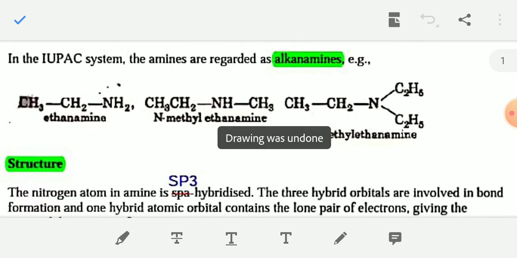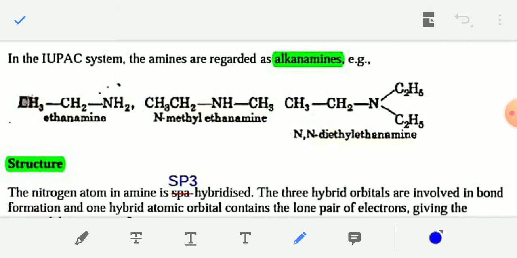Now nomenclature of amines. According to IUPAC system, amines are regarded as alkanamine. For example, if an ethyl group is directly attached with NH2 group, then the name of this compound will be, according to IUPAC, ethanamine.